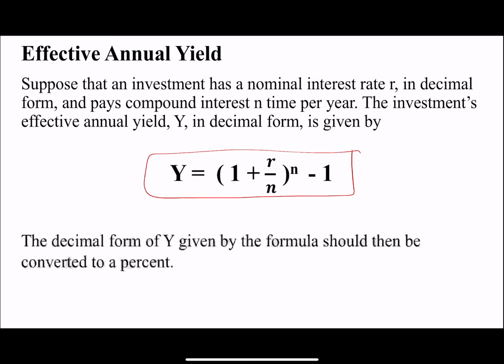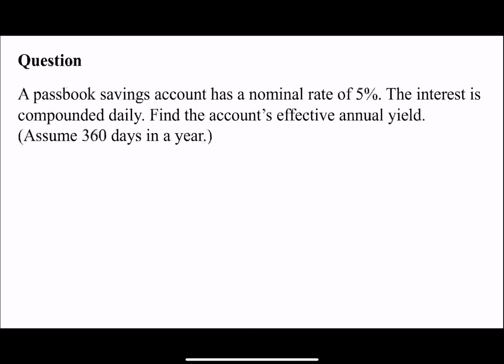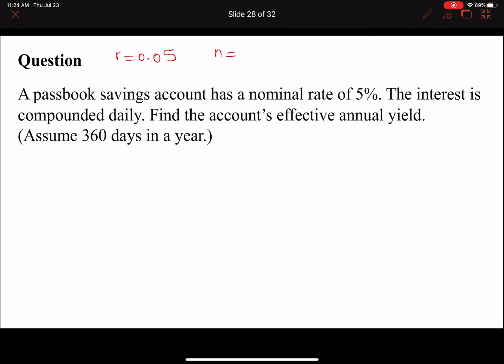When you get the decimal form, this equation gives you the decimal form, then you can change it to a percent. So for example here, you have a passbook saving account that has a nominal rate of 5%. So r is actually 0.05. The interest is compounded daily. So guys, when it says compounded daily, n is equal to 365, but for simplification, it says just assume we have 360 days in a year.